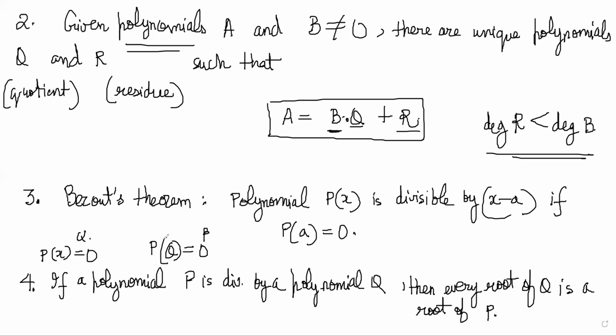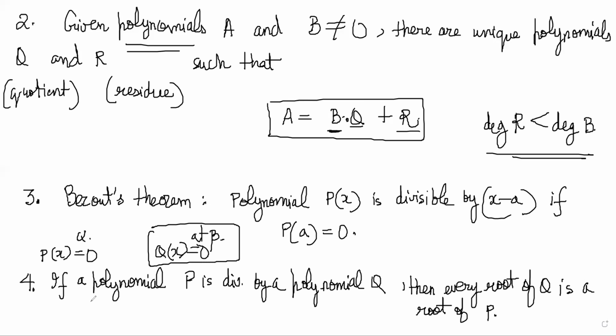Then obviously, whenever q is 0, that is at beta, p will also become 0, because q is a factor of p. So q is inside p if you think about it. So whenever q becomes 0, p will also become 0.